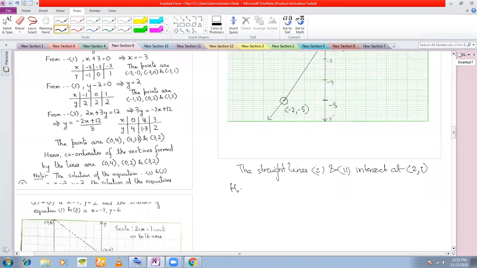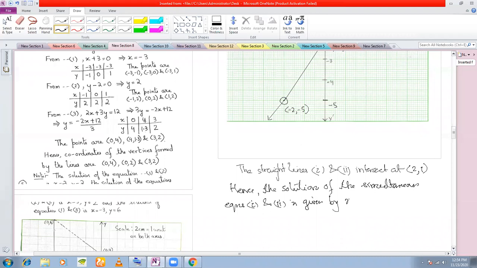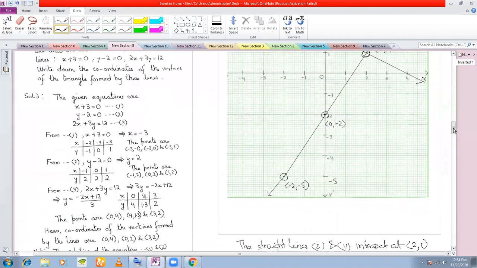Hence the solution of the simultaneous equations 1 and 2 is given by x is equal to 2, y is equal to 1. Okay, so that answers your first part of the question.